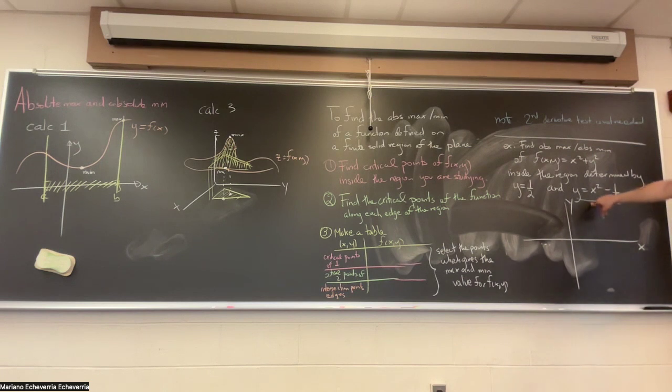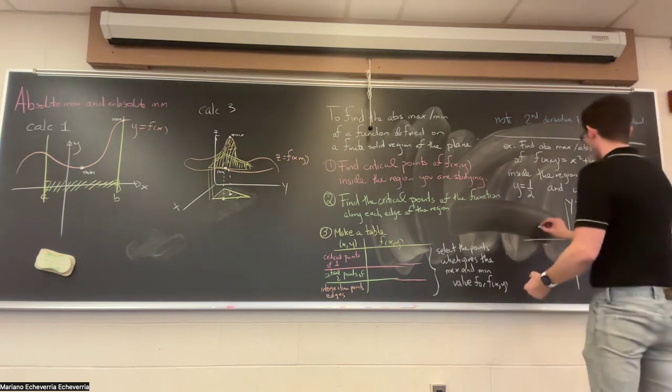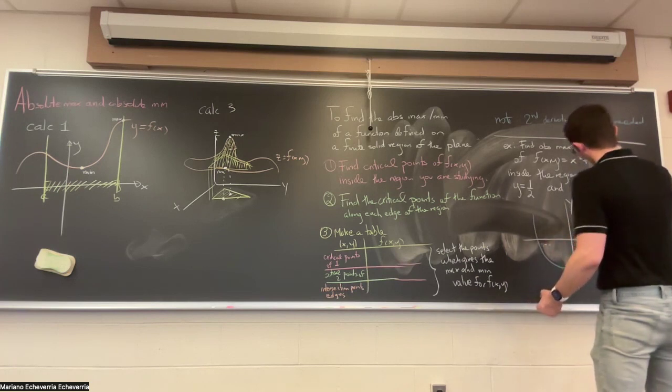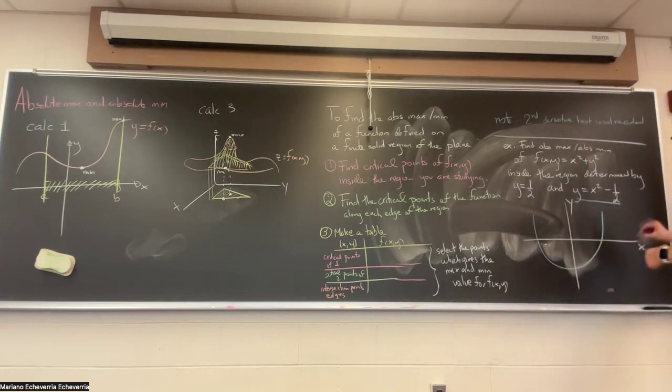You have this equation, which is the equation of a parabola, right? So it's a parabola concave up, that has been shifted one half downwards. So it looks like this, right?